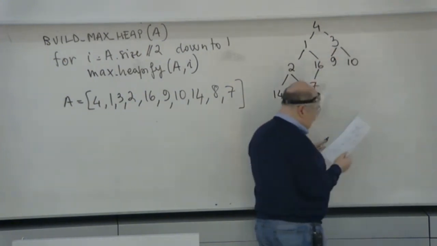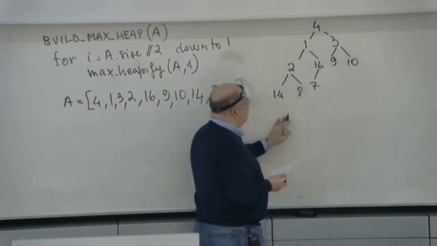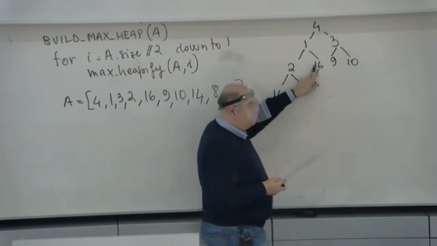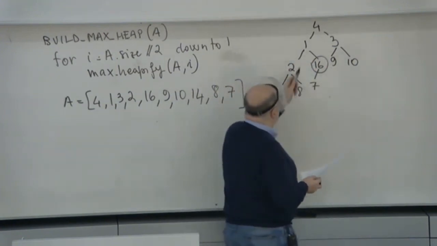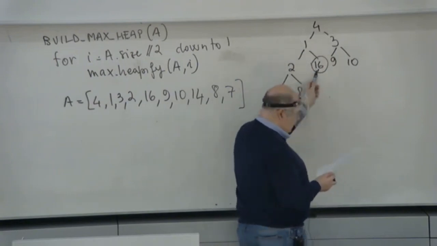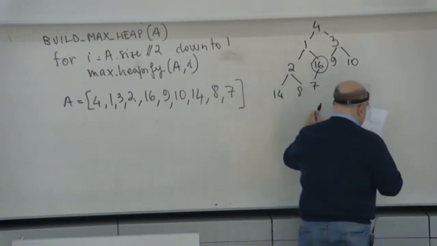Okay, and so there are 10. The size is 10, and so we start from 16, which is 1, 2, 3, 4, 5, 10 divided by 2. And so we start fixing this.